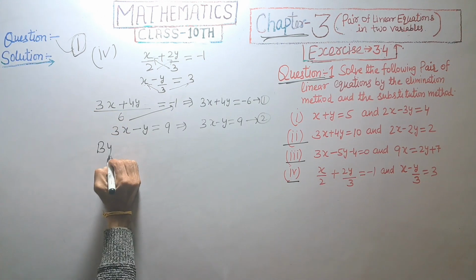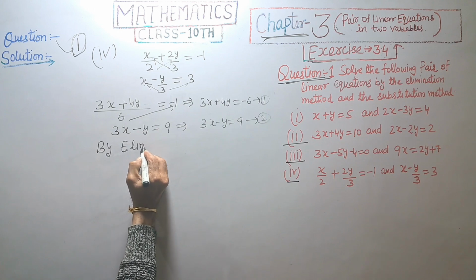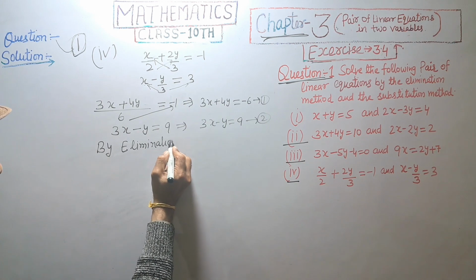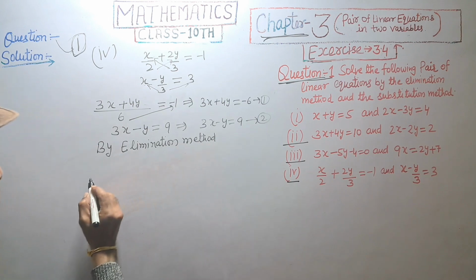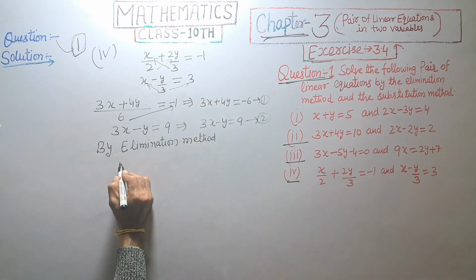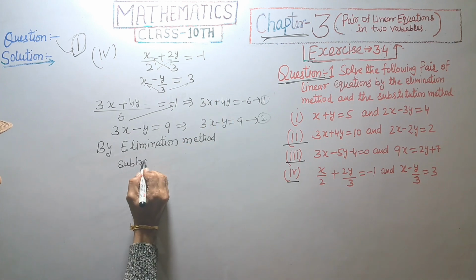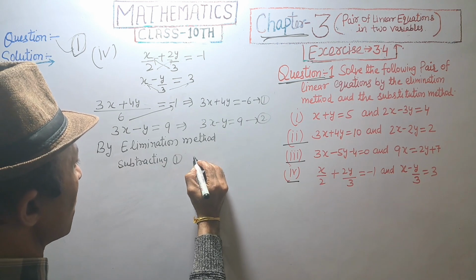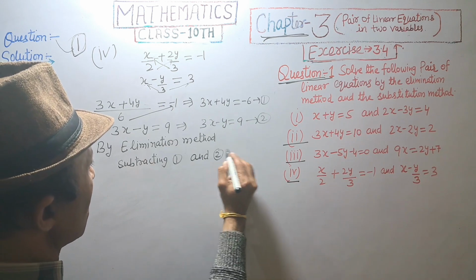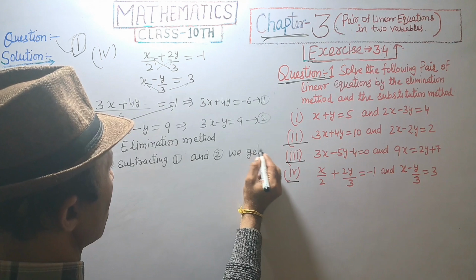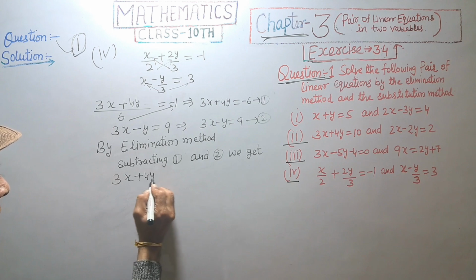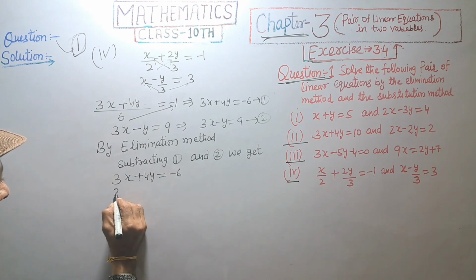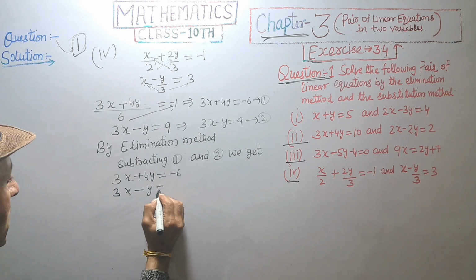By elimination method, subtracting first and second, we get 3x plus 4y is equal to minus 6. 3x minus y is equal to 9.